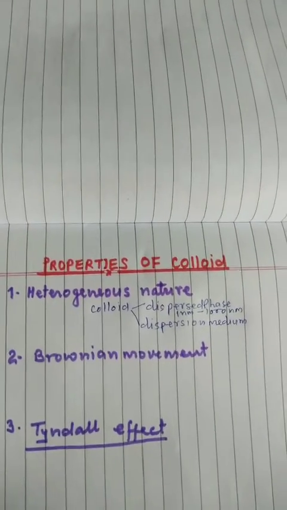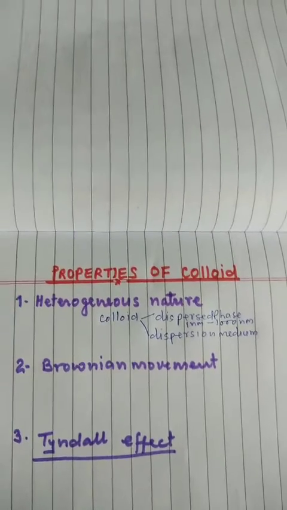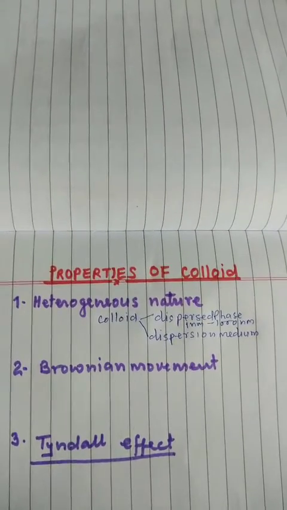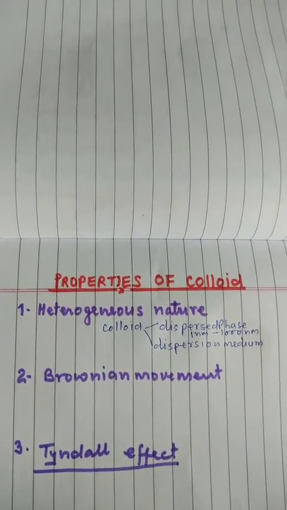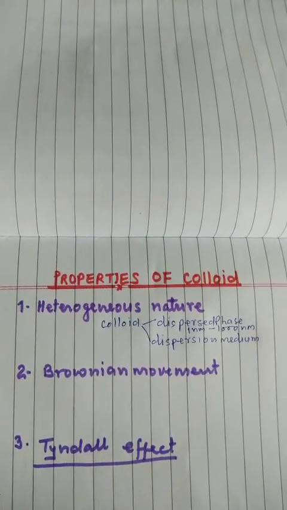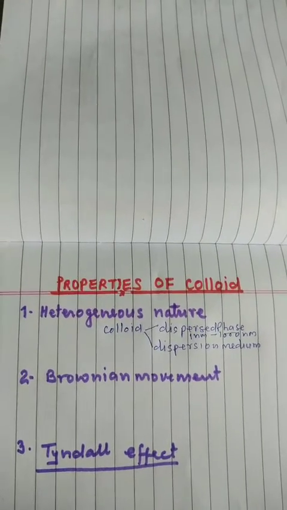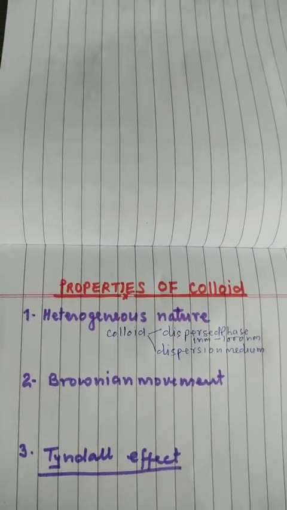Now second property is Brownian movement. What happens? The colloid are bigger in size. Then since the size of colloidal particle is bigger, they collide with the particles of the medium.